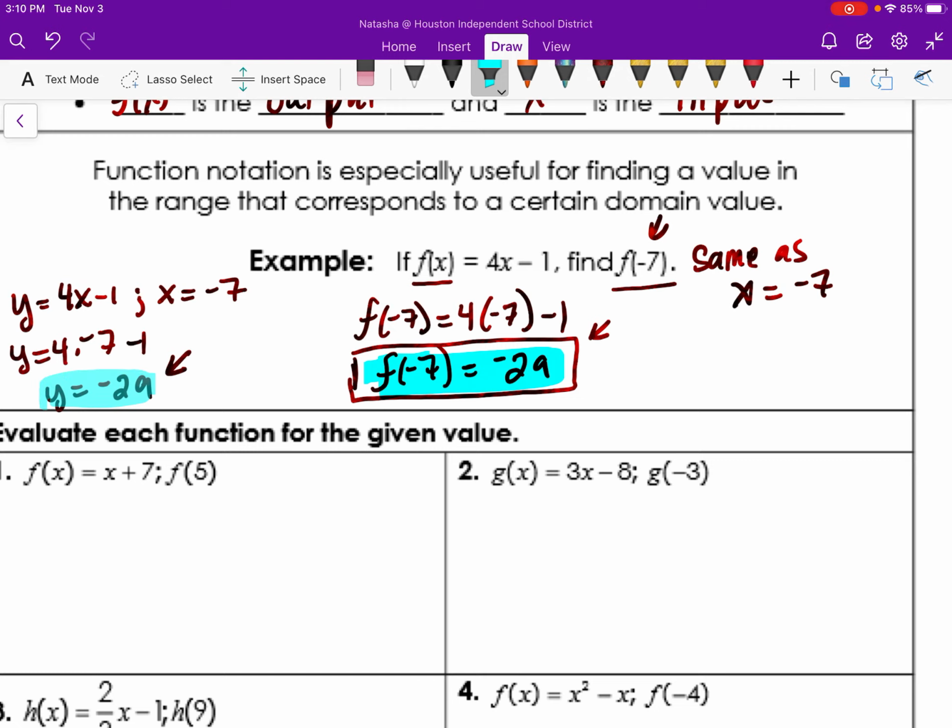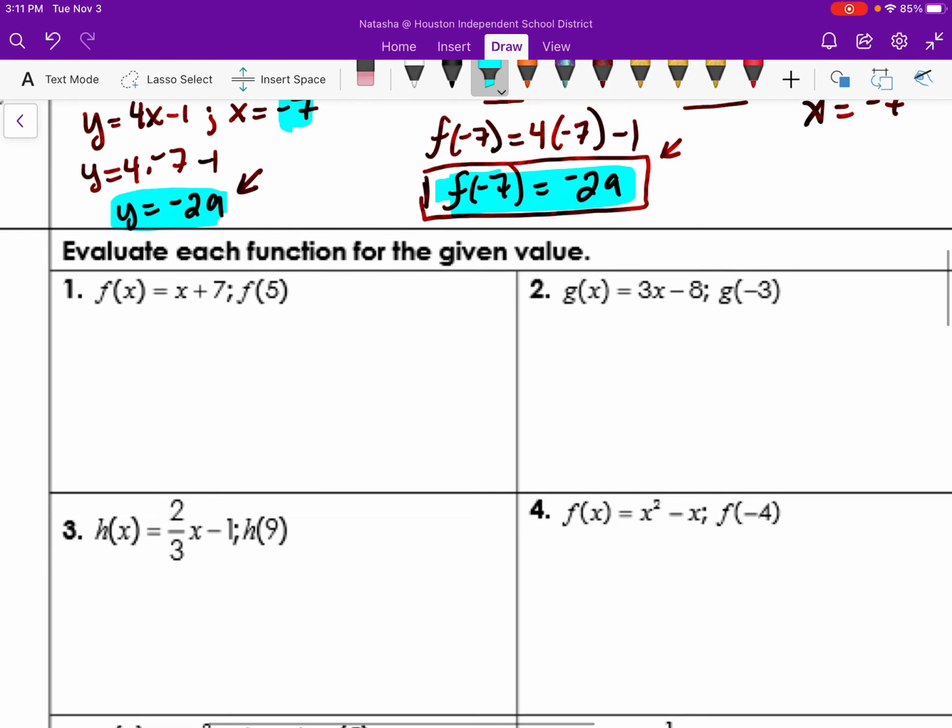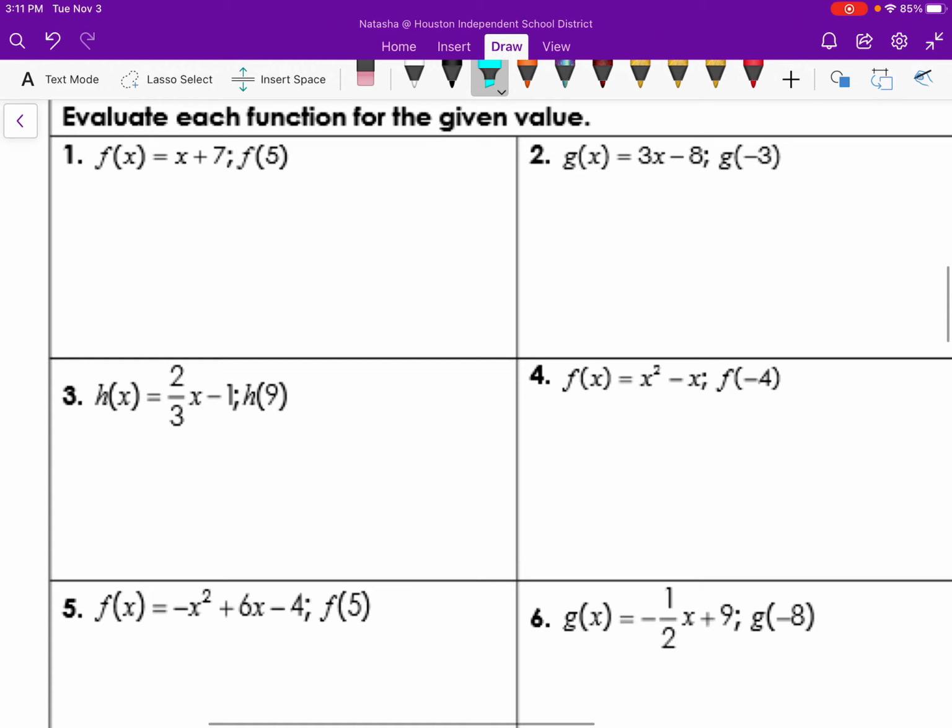While here, if I look at this final result without using function notation, I only know that y is equal to negative 29. I don't really know what my input was. I have to look at all of the information given in order to know what my output or my input was. All right? And that's all we're doing on most of these.